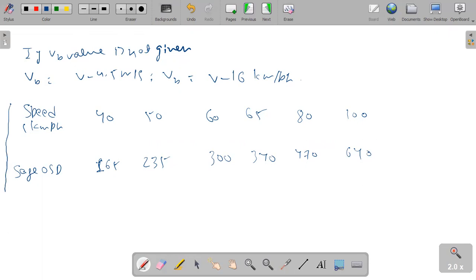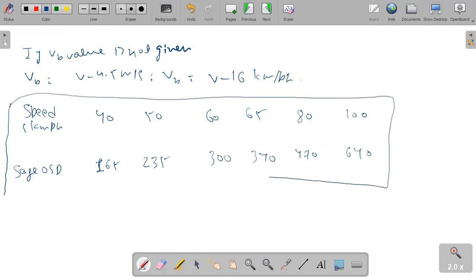So do remember these tables for the sake of ease in numericals.